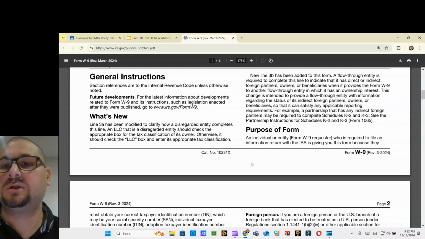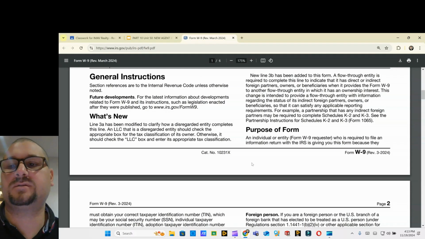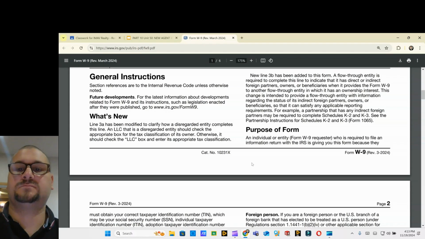For example, a partnership that has any indirect foreign partners may be required to complete Section K2 and K3. See the partnership instructions for Schedules K2 and K3, Form 1065. All right, purpose of the form.